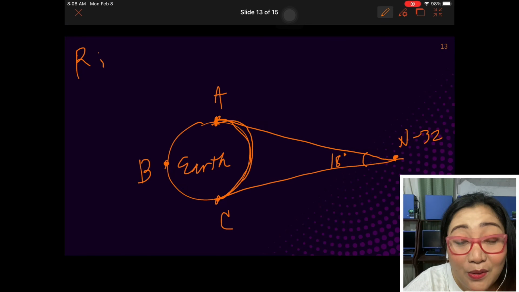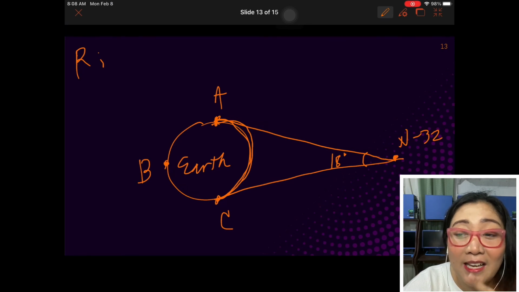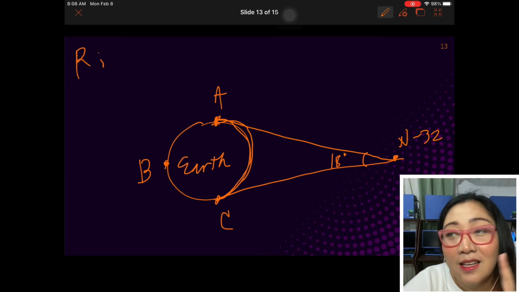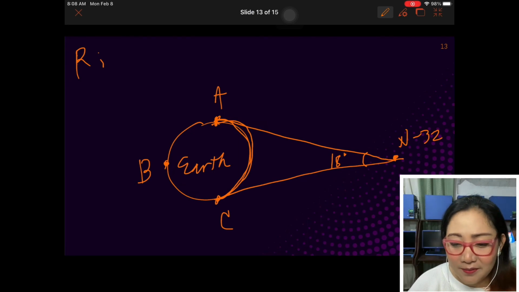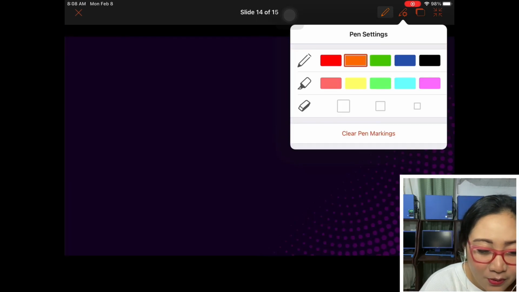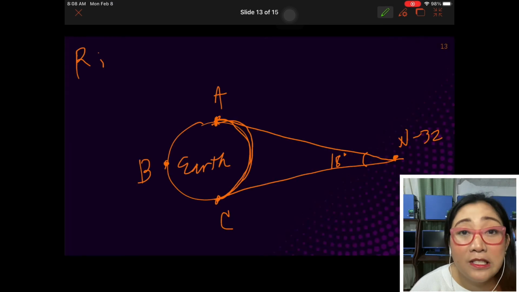Okay? Pero malaking question, hindi given yung measure ng arcs natin. Pero, ano naman given? Given po yung ating angle na na-form. So, baliktad, kumbaga, ang hahanapin ngayon natin is yung measure ng arc. So, how do we do that? Remember, ang equation natin ay 18 degrees, yung angle, is equal to 1/2 of the positive difference.